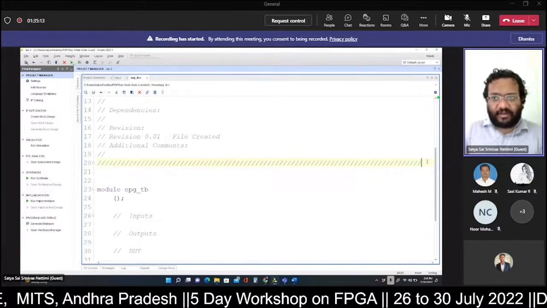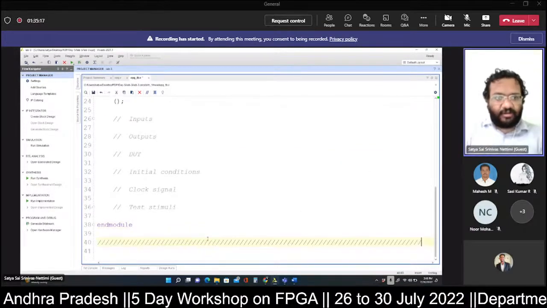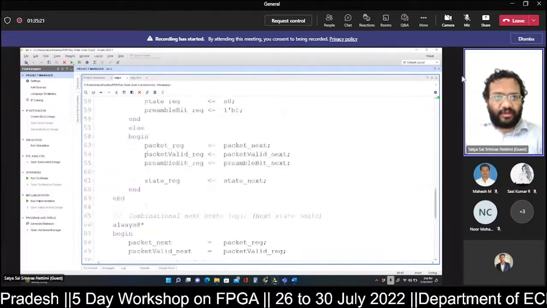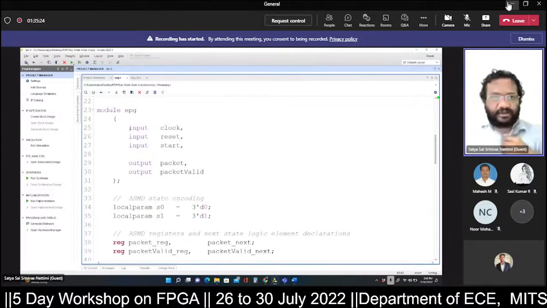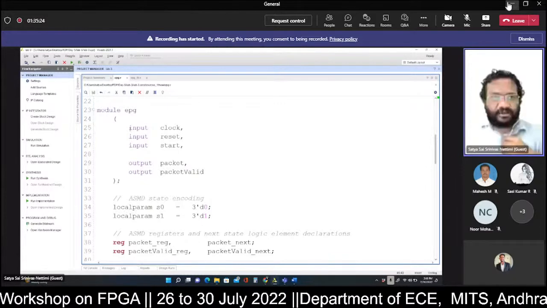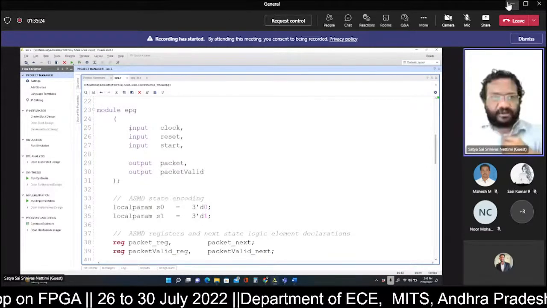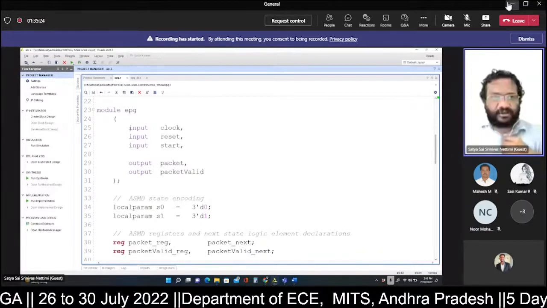Sorry, this is a test bench template. Now I have this partially designed architecture, right? From the partial architecture, I have 3 inputs. For those 3 inputs, I will arrange the data type, and I will end them with a semicolon.